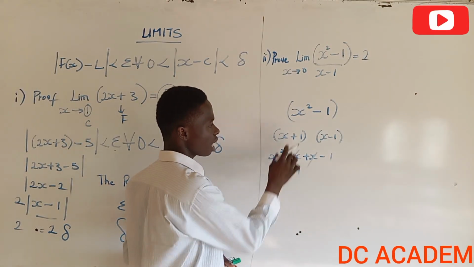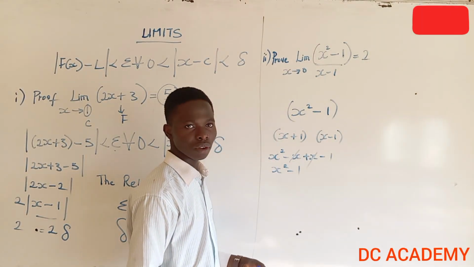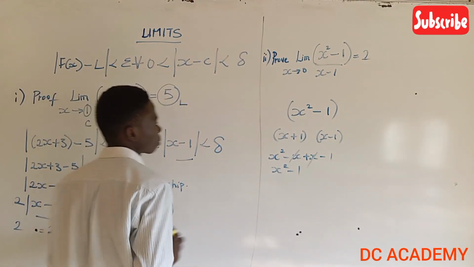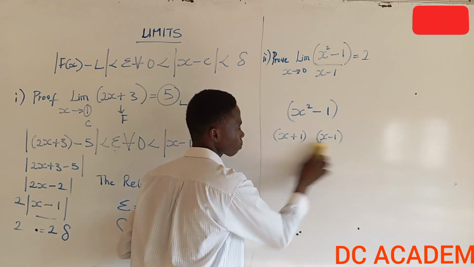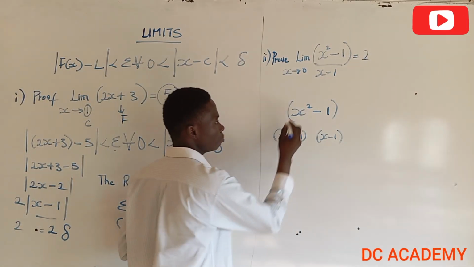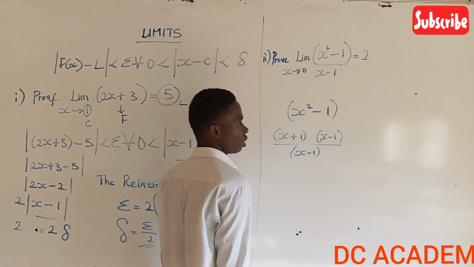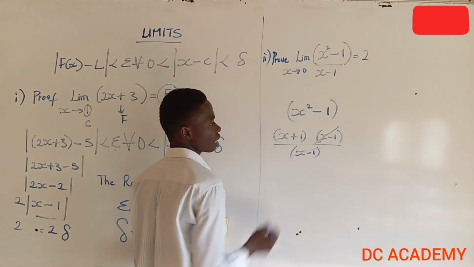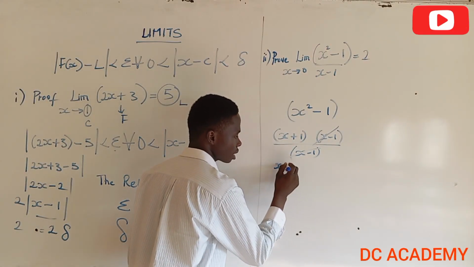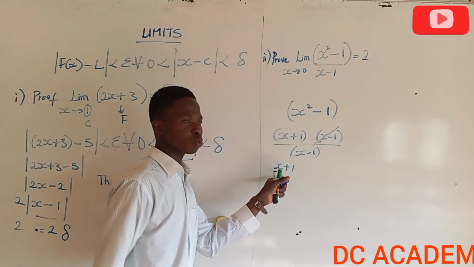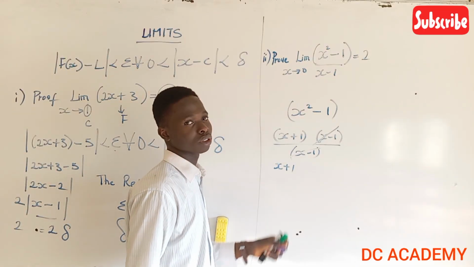So at this point, we now have this and this. Right? Let me clean this. We can then bring this down and put this x minus 1, and we cancel this out, leaving us with x plus 1. So x plus 1 is actually the what? The function.